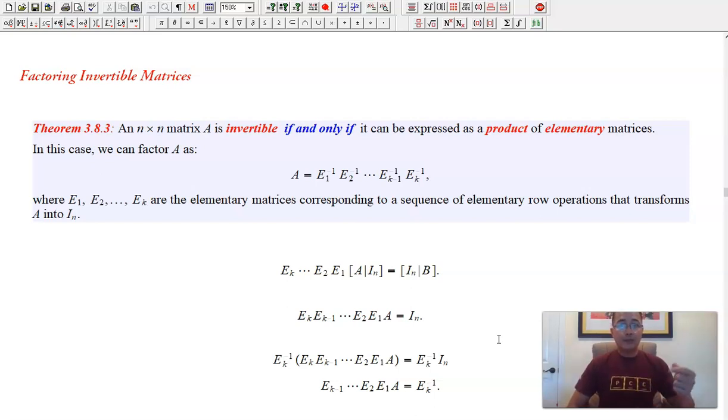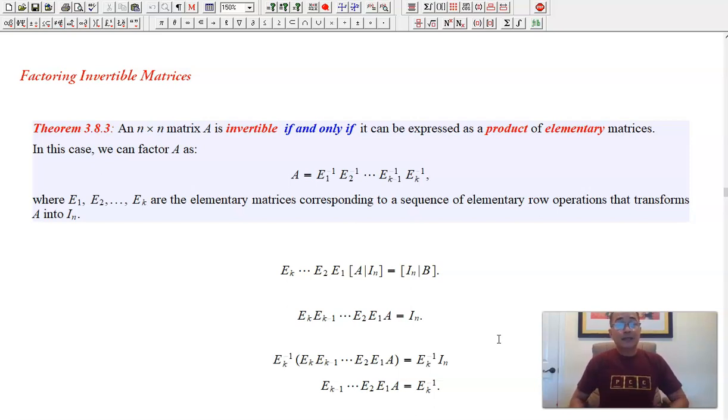Now, in our last video, we showed that every elementary matrix is invertible, and in fact, the inverse is an elementary matrix as well, and it is of the same type. So the converse of this theorem is actually easy. You might say obvious. If a matrix is expressed as a product of elementary matrices, then we just said that each elementary matrix is invertible.